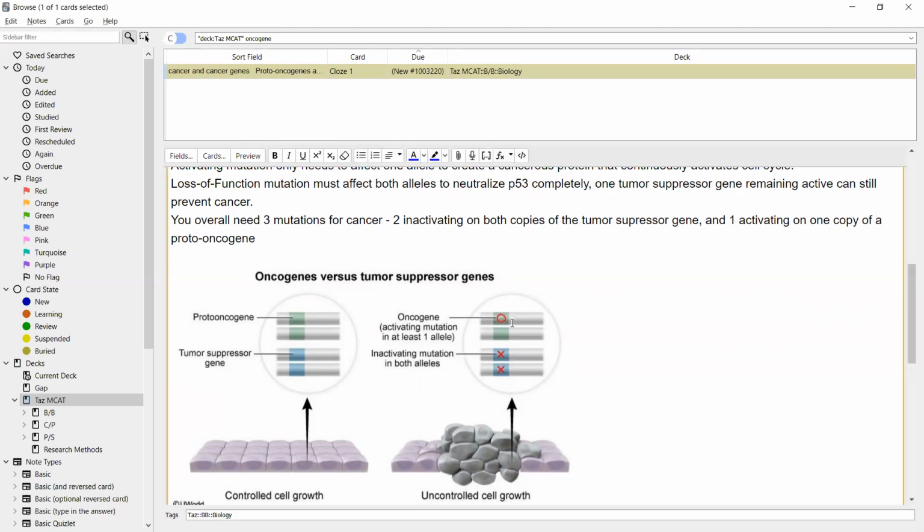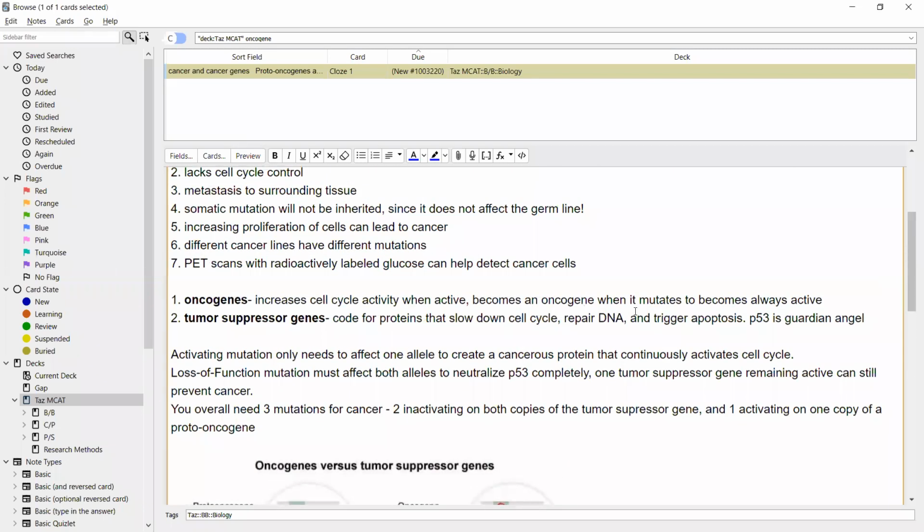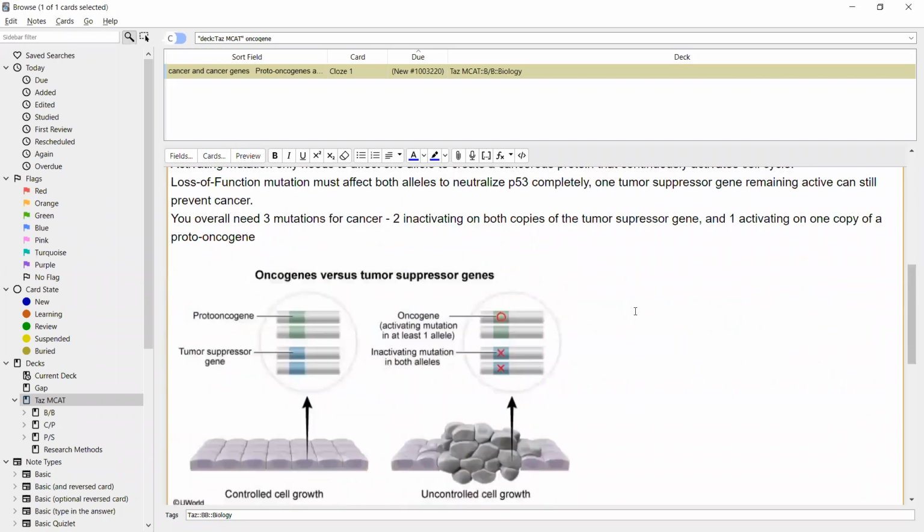If there is a mutation in one of the alleles of the proto-oncogene, it will activate it, and now our cell cycle machinery is probably going haywire, and that is cancerous, right? If we increase our cells' ability to grow and duplicate, that leads to cancer.